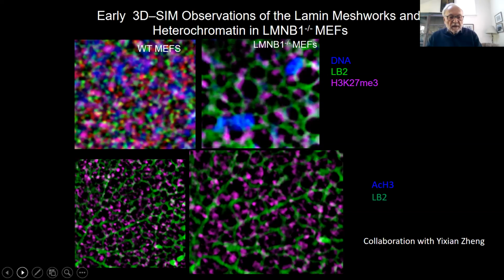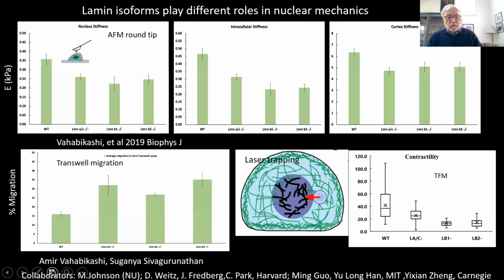So we're hoping in the not too distant future to begin mapping in detail which lamin-associated domains of chromatin interact with specific lamin isoforms. And that we're doing with Ishii and Chang.